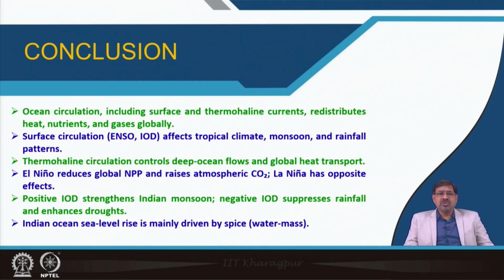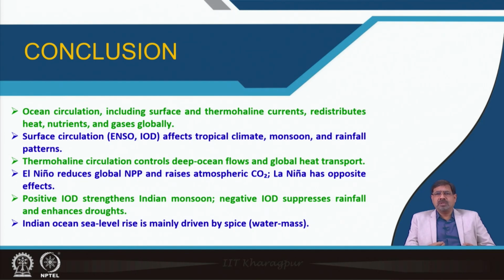Indian Ocean sea level rise is mainly driven by the water mass. We are actually not studying or discussing it here. So, friends, with this we come to the understanding of the ocean circulation pattern and how it is linked to the climate or climate change.